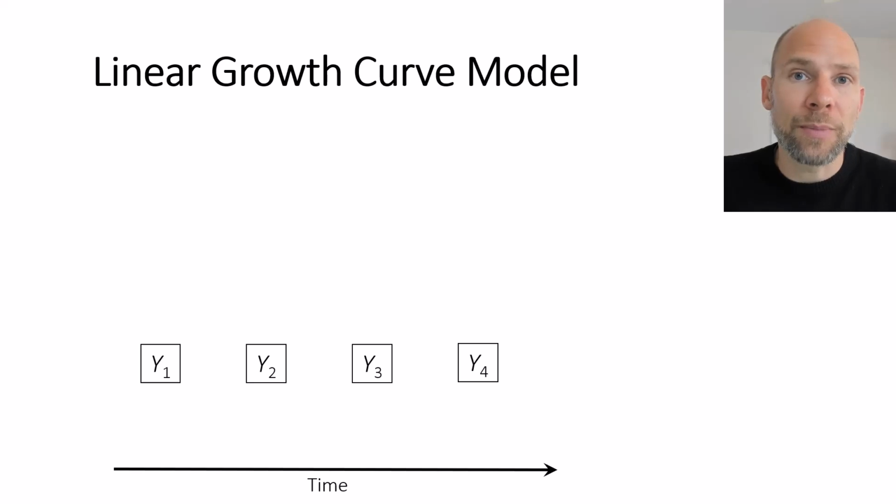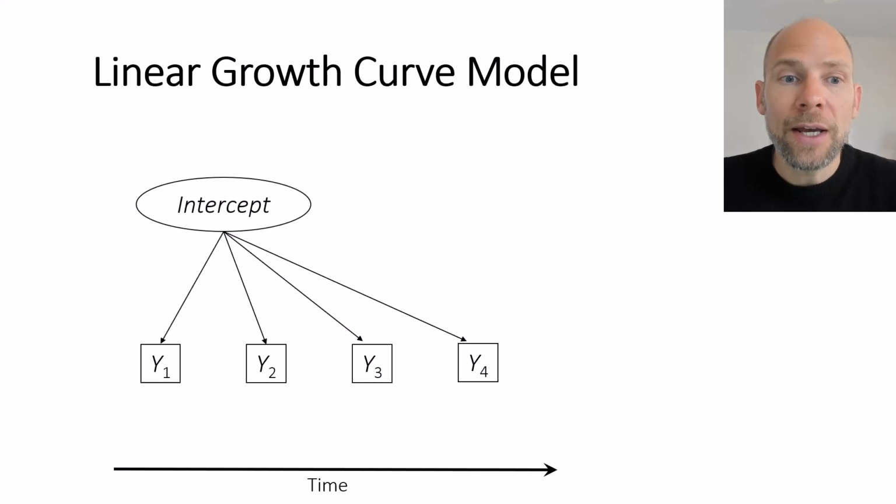This could be, for example, the SAT scores at time 1, time 2, time 3, and time 4, a continuous variable that is measured on 4 occasions of measurement for the same individuals. And now in the growth curve model, we have an intercept factor on which all 4 time points load with fixed loadings. All the loadings are fixed at 1, which makes this factor the intercept factor.